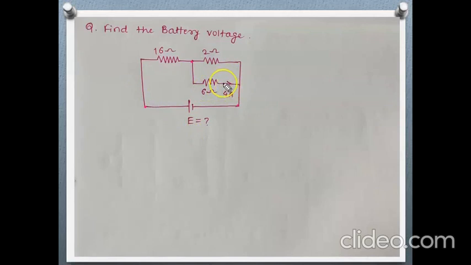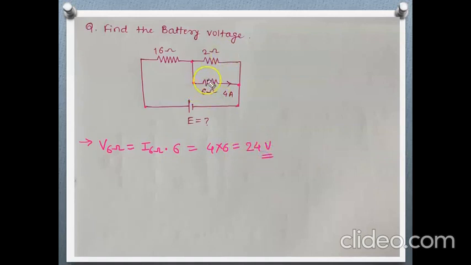Here the current through the 6 ohm resistor is given, that is 4 ampere. So let's start. First we find the voltage across 6 ohm: V6 ohm is the current through 6 ohm times resistance 6, so 4 into 6 is 24 volt.